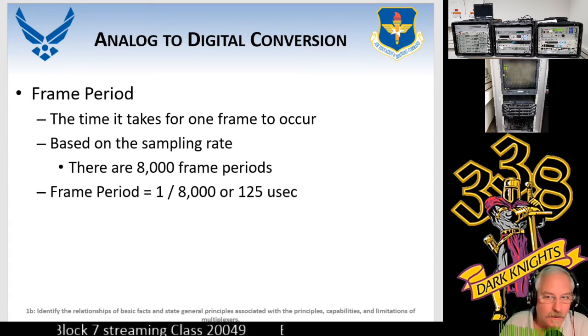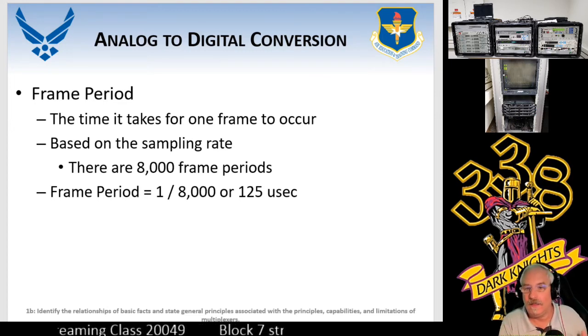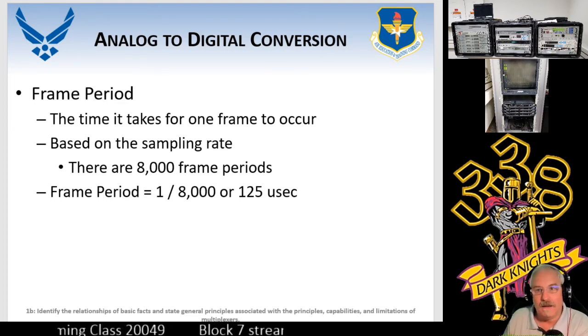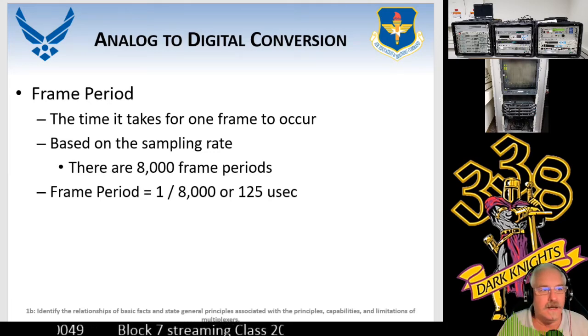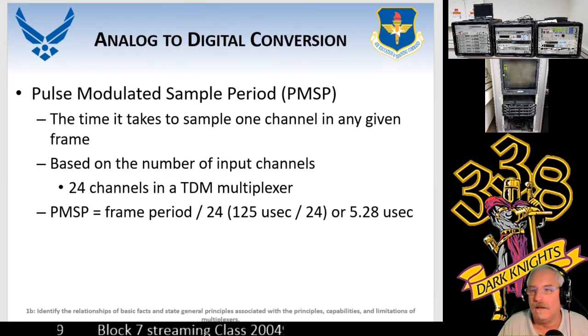The one that I told you about, which was 16. Now, the frame period that it's going to take for the NSM versus the FCC 1000 versus a 24 channel is going to be all different. So everything is based off of the multiplexer channels to get what's called pulse modulated sample period.